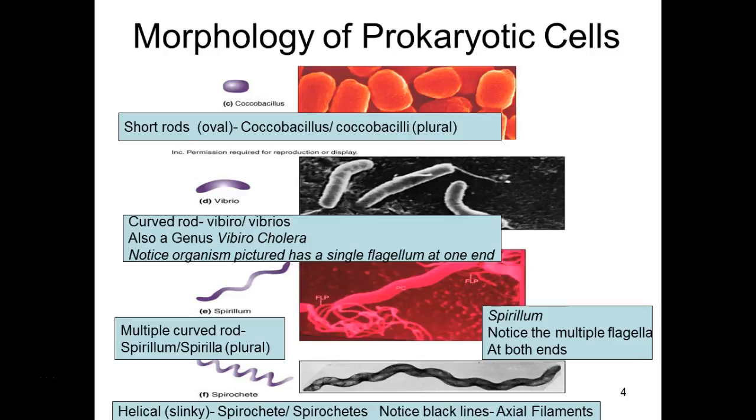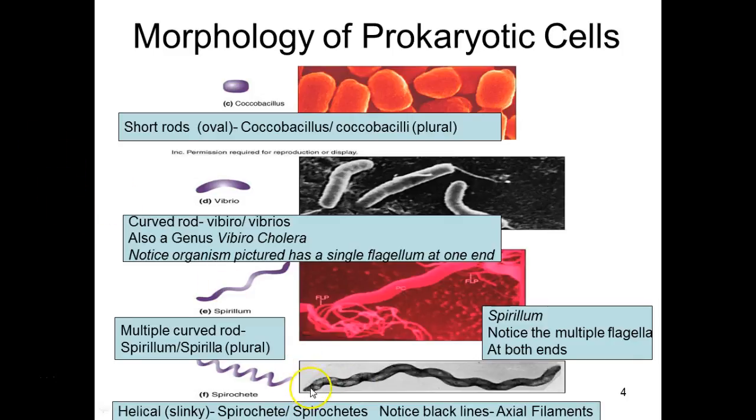The last one are spirochetes, or spirochete, some people say. These guys are helical, which means three-dimensionally they look like a slinky, right? Or a spiral staircase. They have this particular shape because they have axial filaments. These are similar to flagella, but they run along the outside of the cell within an outer sheath.